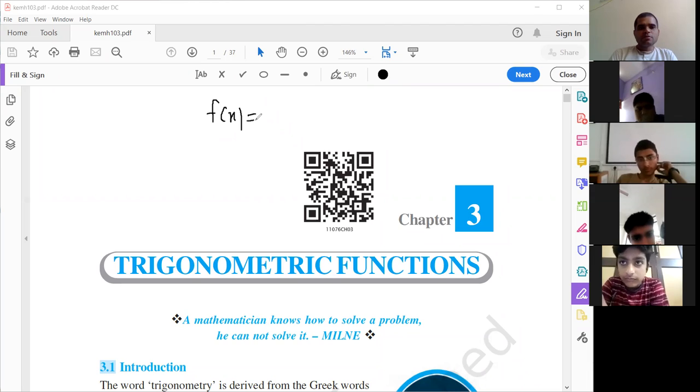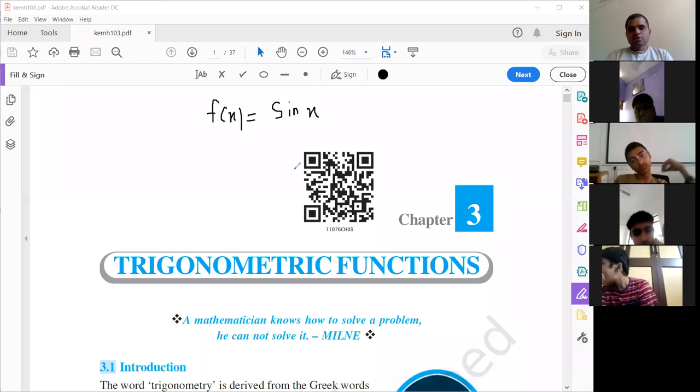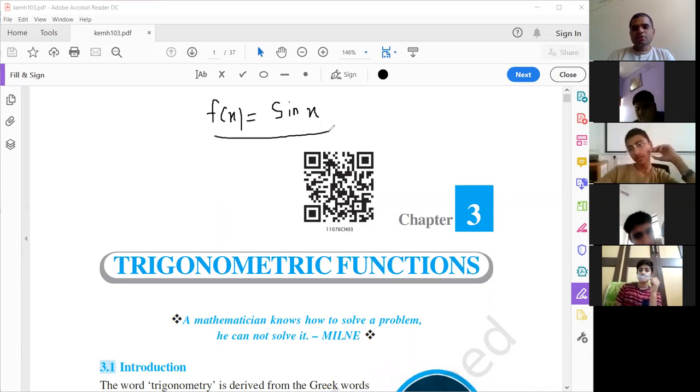Now you can see the value of f(x) is depending on x. Therefore this is called trigonometric functions.